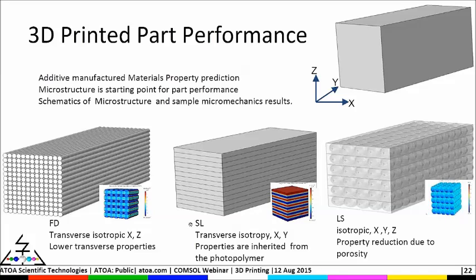In this case, the properties are inherited from the photopolymer. These photopolymer properties are relatively lower than engineering thermoplastics, so you would expect lower mechanical properties compared to other conventional polymers.